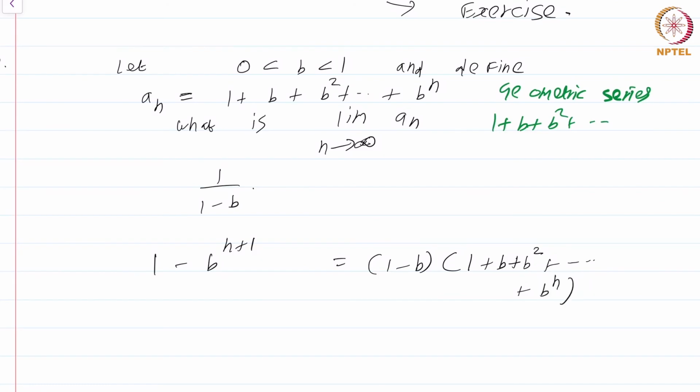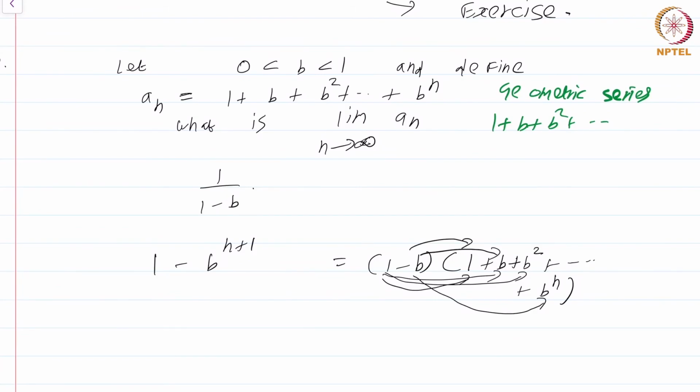Why is this correct? Well, there is a 1 accounted for by 1 into 1. Then this minus b power n plus 1 is accounted for by this product. What happens is all the intermediate terms, b comes once as positive and once negative. b squared comes once as positive and once negative. Everything else just cancels off. So 1 minus b power n plus 1 is actually equal to 1 minus b into 1 plus b plus b squared plus dot dot dot b power n.